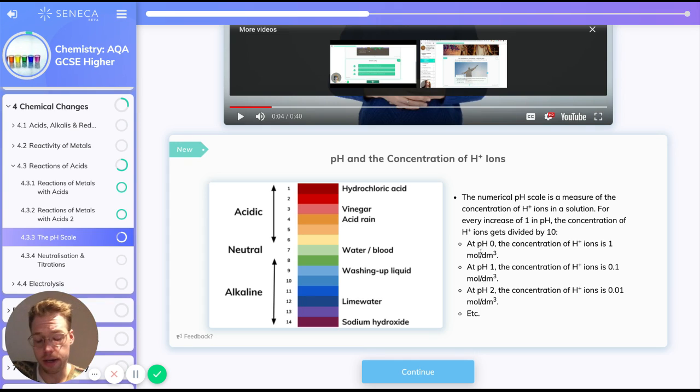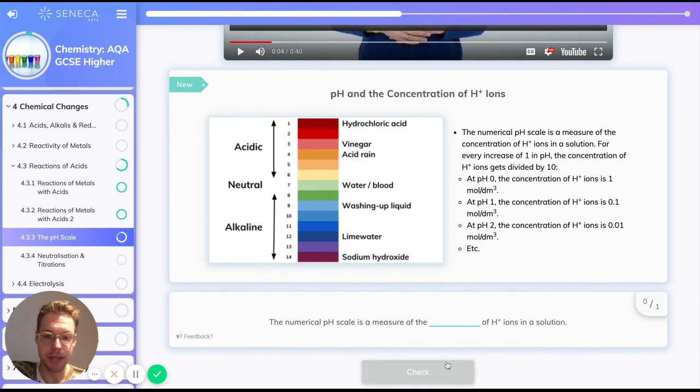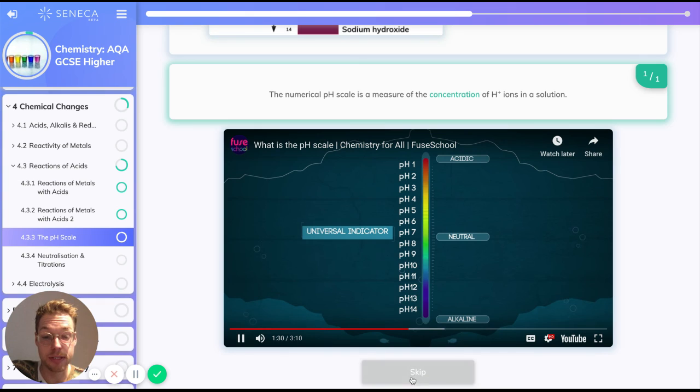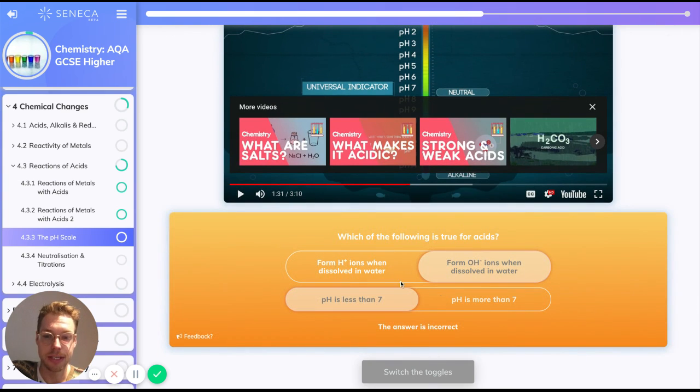That's a really handy ratio to remember. So if we had a pH of 2, for example, we would just divide by 10 again, so the concentration of H plus would be 0.01. So that's the key thing to remember. The concentration of H plus tells us the pH.